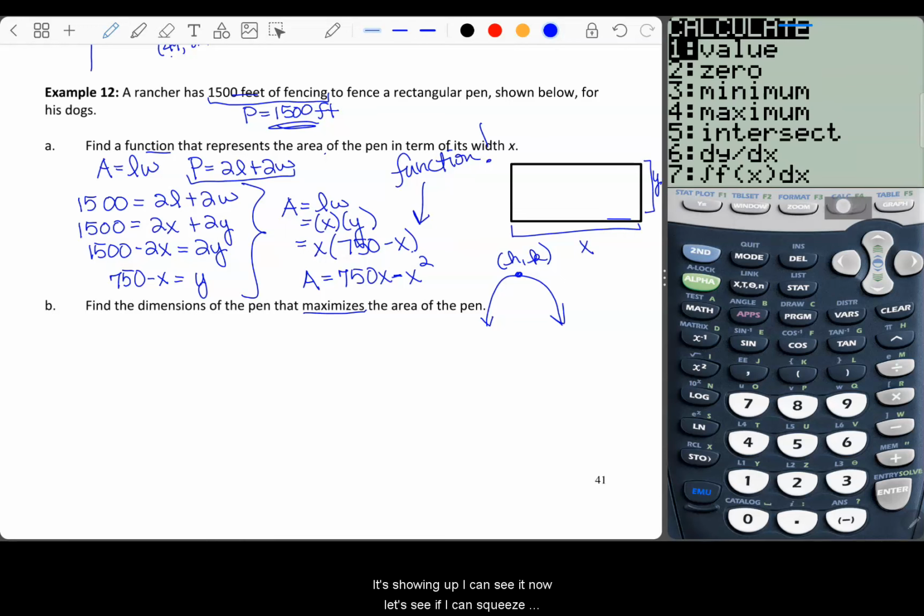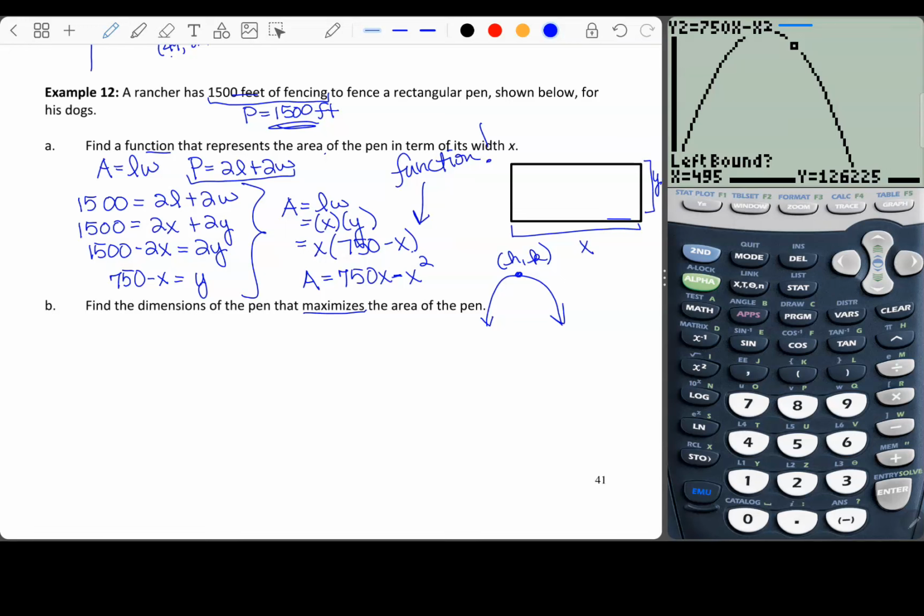Let's use second calculate, number 4, maximum. So I need to go to the left of the maximum, so I'm cursoring over to the left. It's going to take a few button presses because it's such a big function. Now I'm going to the right of the maximum, make my guess, and hit enter, and there you go. X is 375.